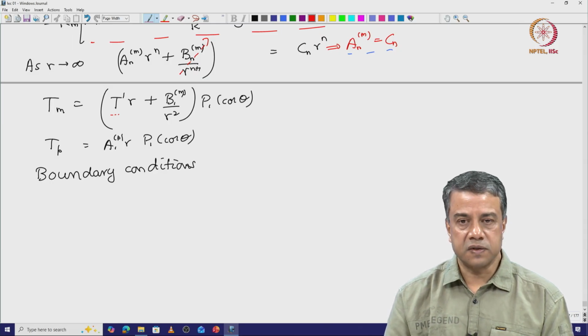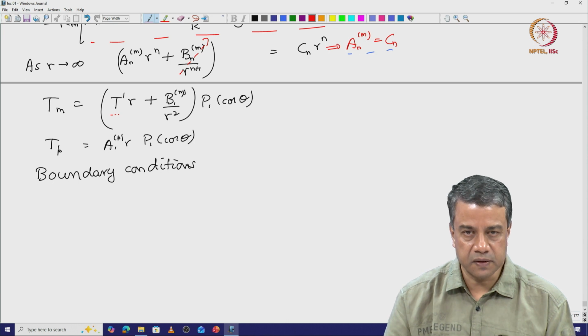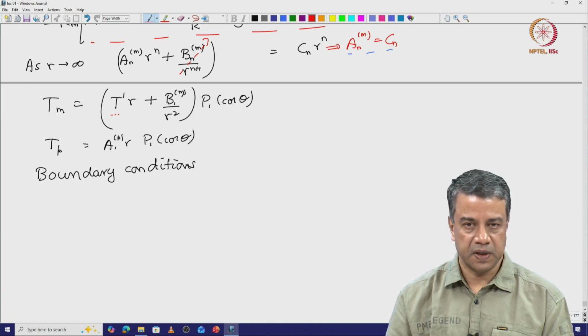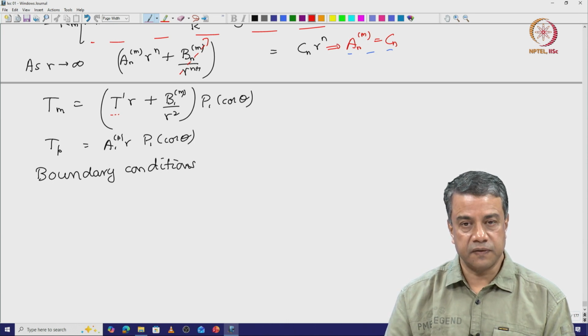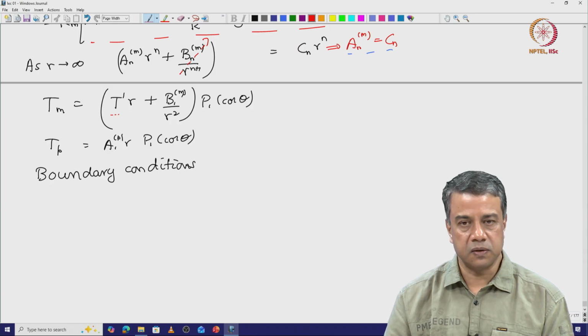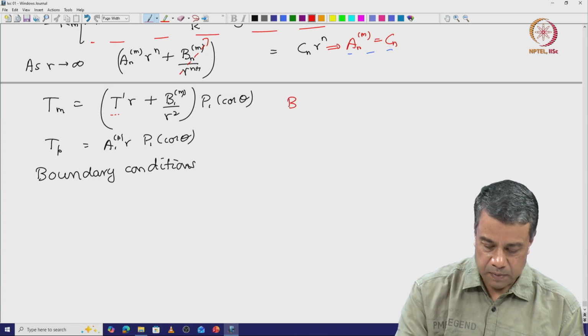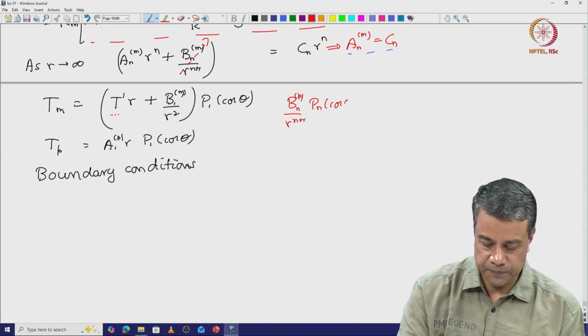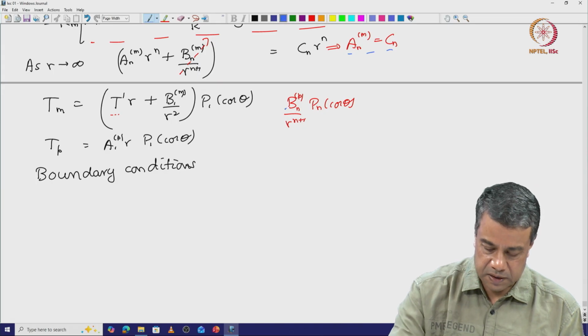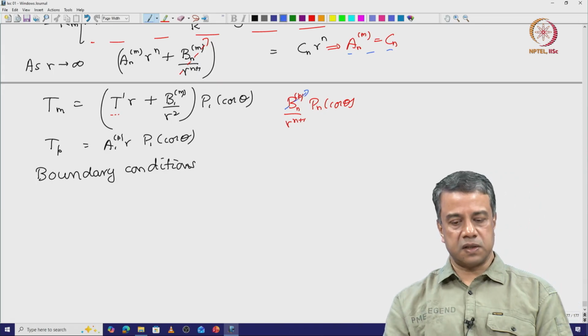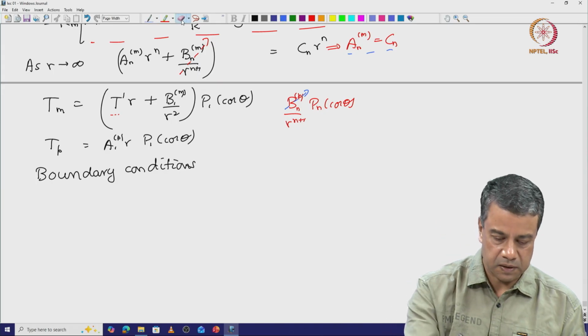I have already enforced the boundary conditions at r is equal to 0 within the particle. The condition that the temperature field has to be finite at r is equal to 0 implied that all of the decaying harmonics of the form B particle n by r power n plus 1 P n of cos theta, all of the coefficients in this have to be 0, so that the temperature does not diverge at the origin. Okay.